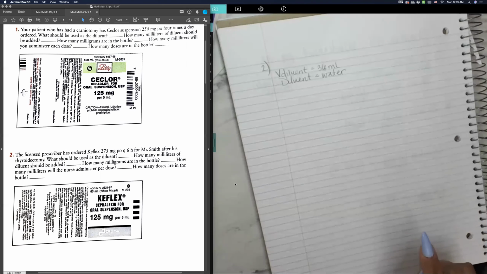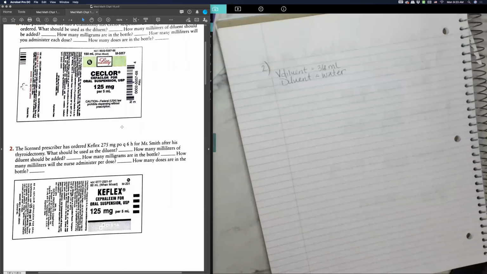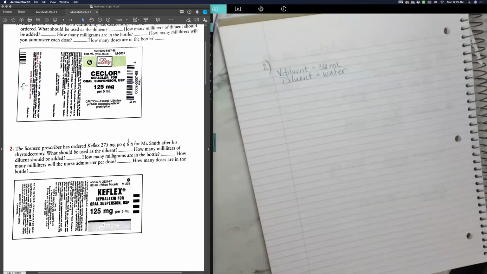Right underneath that, the next sentence tells you each 5 milliliters will then contain cephalexin monohydrate equivalent to 125 milligrams. That's the same as the big dosage strength information in the front and center of the label, so we could find that information there as well. Then, what is the total volume available in the bottle after reconstitution?